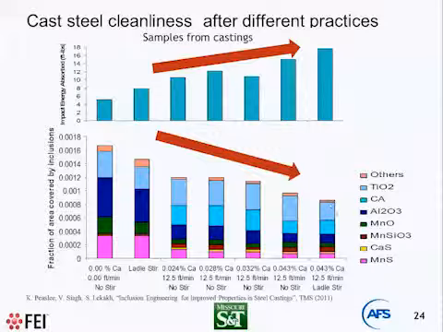And we see the combination of calcium and argon stirring allows us, practically speaking, a double decrease in the number of non-metallic inclusions in steel.